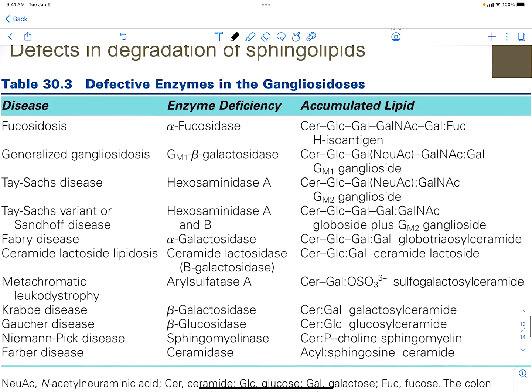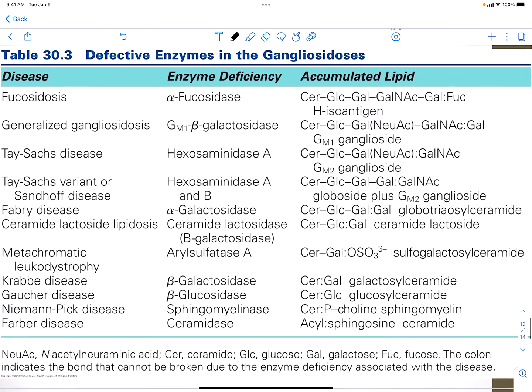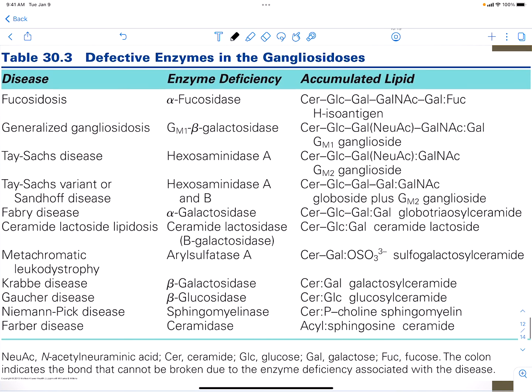So here's a list of defective enzymes. These are all referred to as gangliosidoses. You can have a defect in removing fucose, or a defect of hexosaminidase, where you can see the lipid accumulates. You have a ganglioside accumulating, a GM2 ganglioside versus a GM1 ganglioside, and they're just different in their sugar structures.